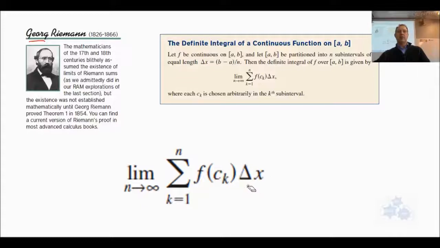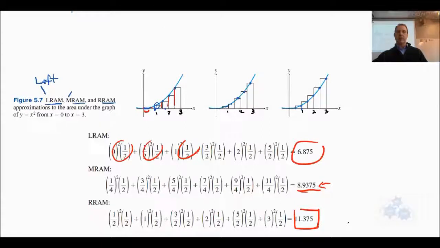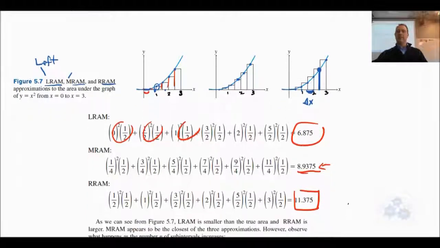This here is the width of the rectangles, so it's the width of the subinterval. Okay. So if we go back up here, the width of the subinterval would be delta x, the width of one rectangle, delta x. Okay, and this would be f sub k right here for our RAM.